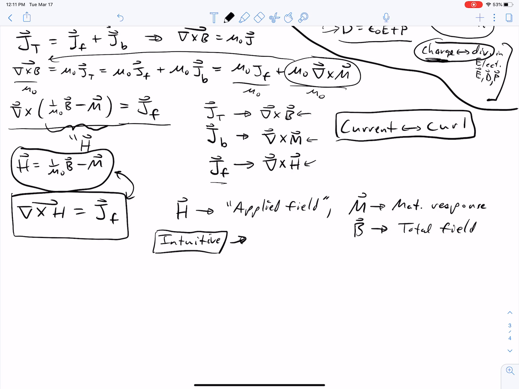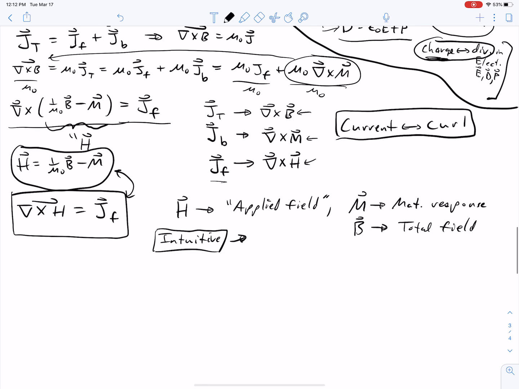Also, I should add that you will notice something if you look at the electrostatics versus the magnetostatics.